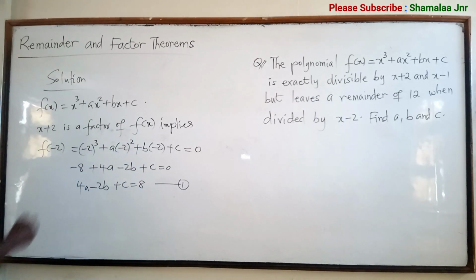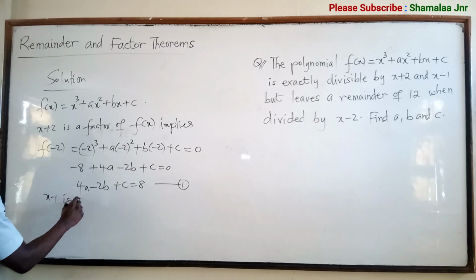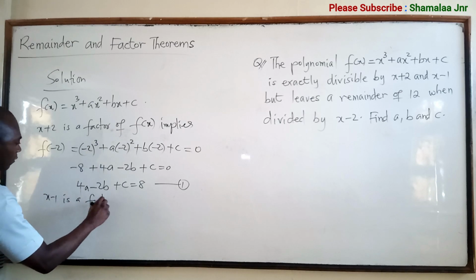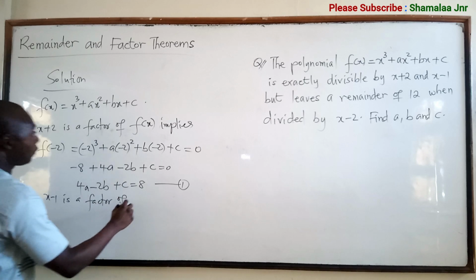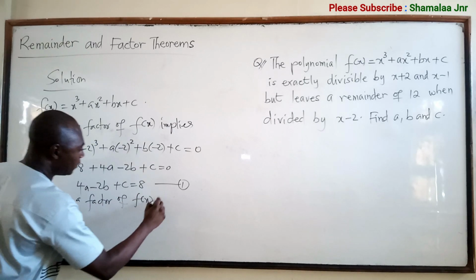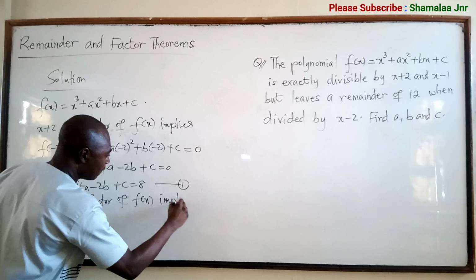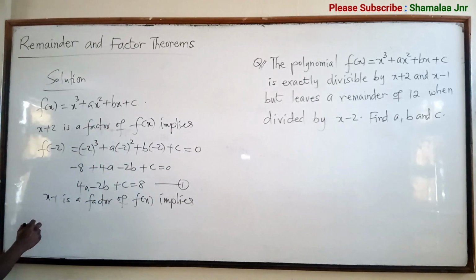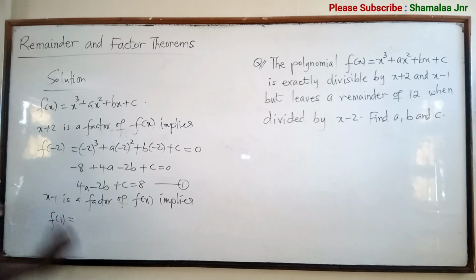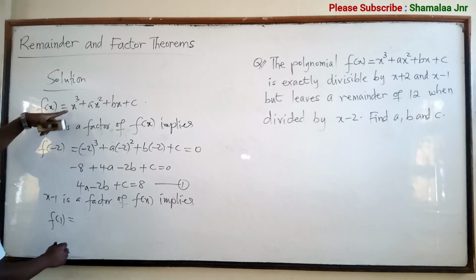Now the next one. x minus 1 is a factor of f of x, which implies f of 1 should give us 0. So wherever you see x, you write 1.